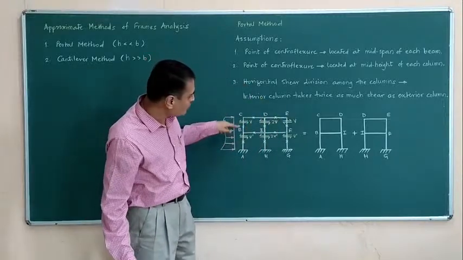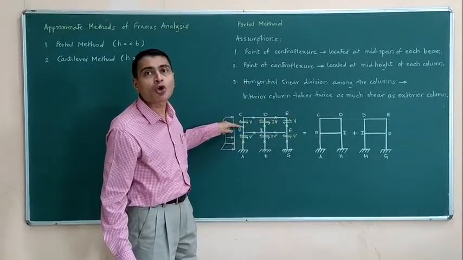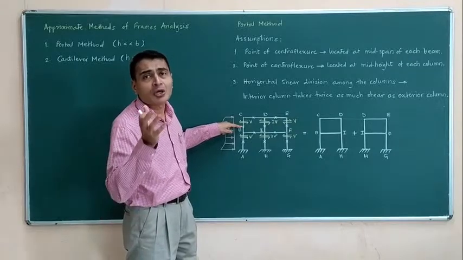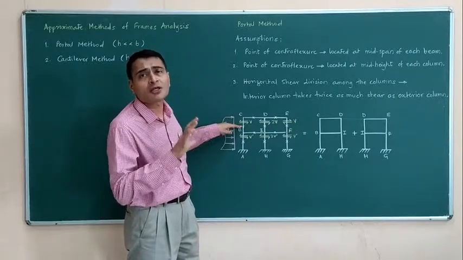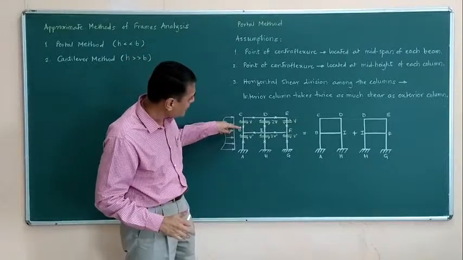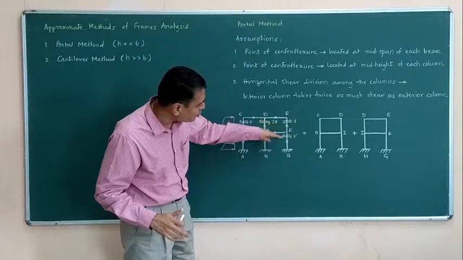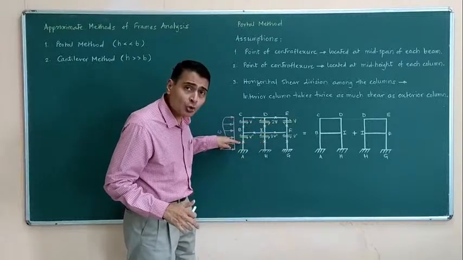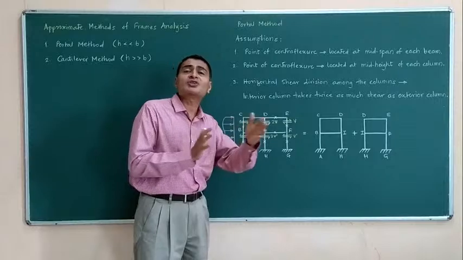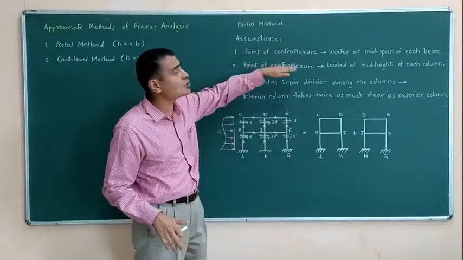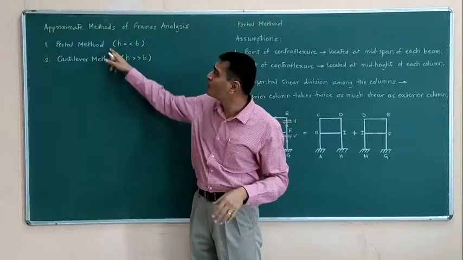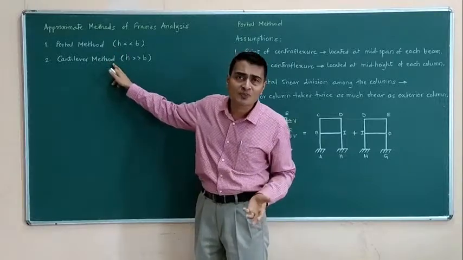So the bending moment would change its sign from hogging to sagging or from positive to negative, however, exactly at h by 2 in each story and exactly at L by 2 in each span. These are our first two assumptions. In fact, these two assumptions are common for both these methods.